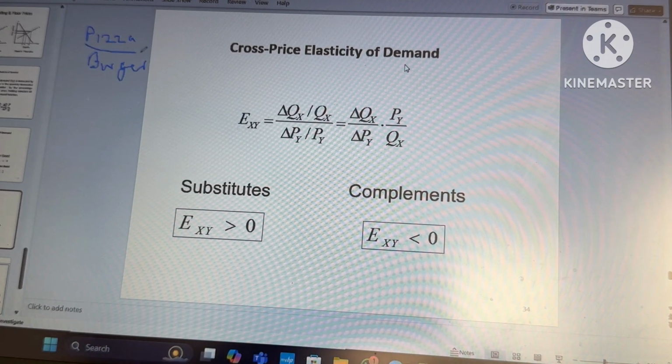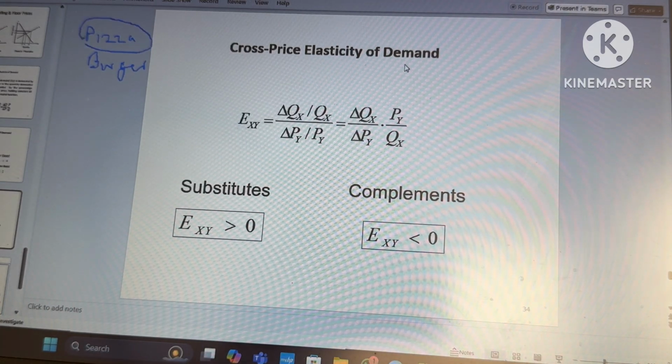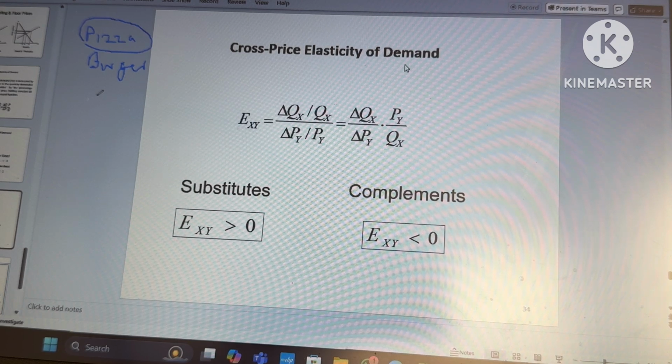So our demand is pizza. Think about it. I'm asking a very simple question. Will burger price affect the pizza demand or not? To what extent?